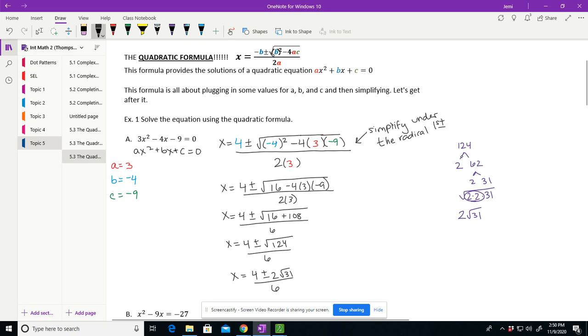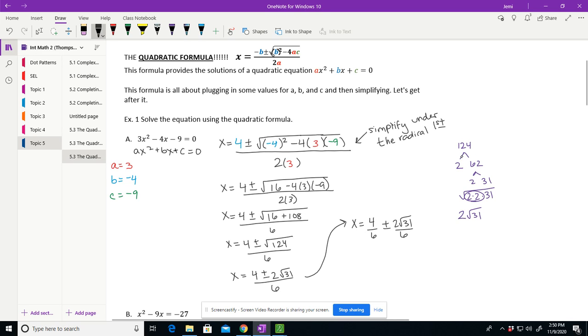So what I'm going to do is, one of the properties of fractions is that I can rewrite this as two parts. So instead of 4 plus or minus 2 radical 31 over 6, I could rewrite this as 4 over 6 plus or minus 2 square root 31 over 6.